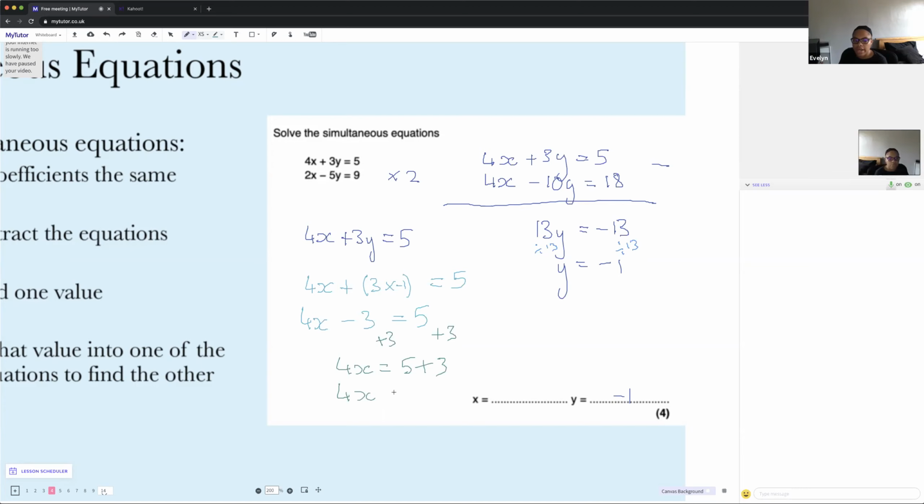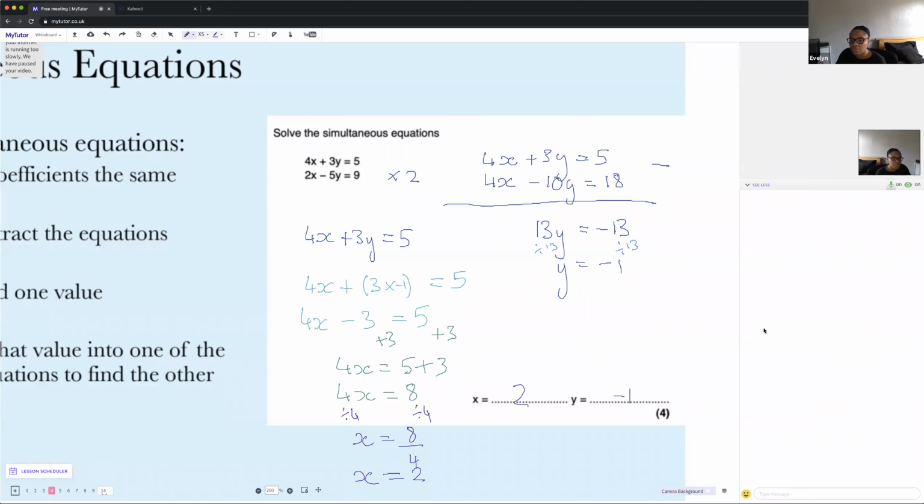So you've got 4x equals 8. And then the last thing to do is to divide both sides by 4, because I want to get rid of that 4 and get x by itself. So x equals 8 divided by 4. So x equals 2. So you should get x equals 2 and y equals minus 1. Hopefully that makes sense.